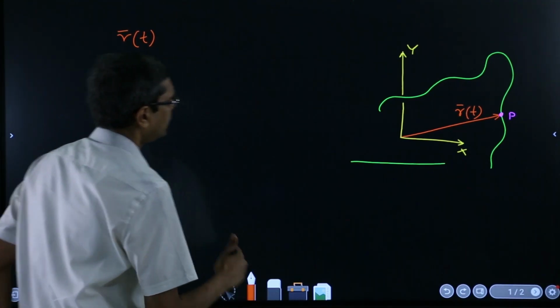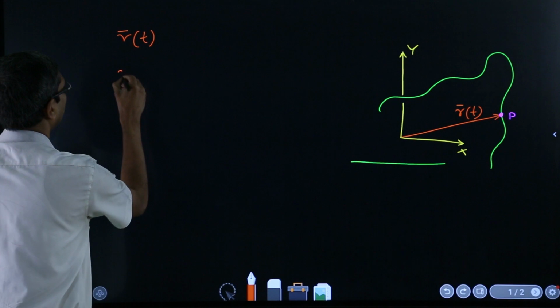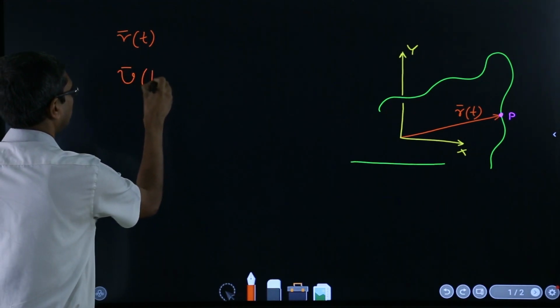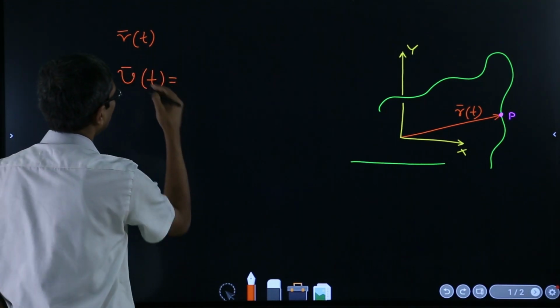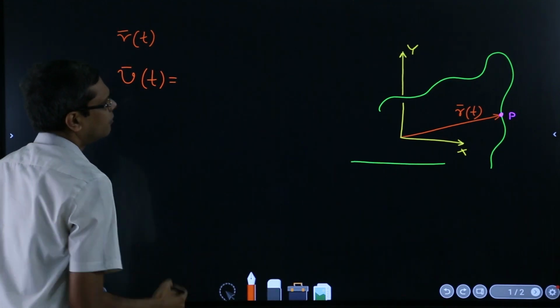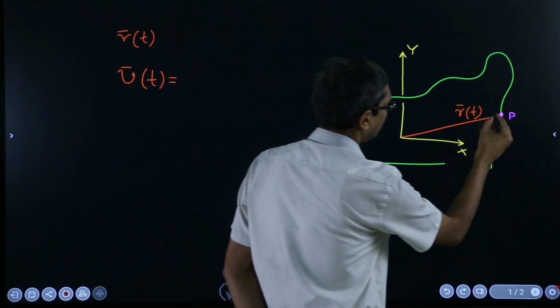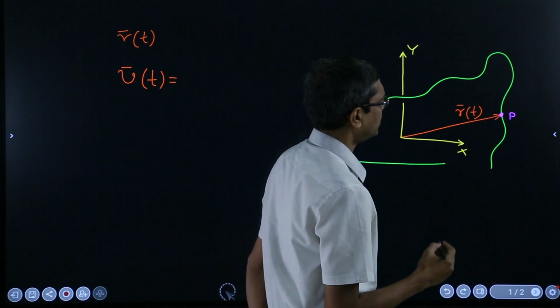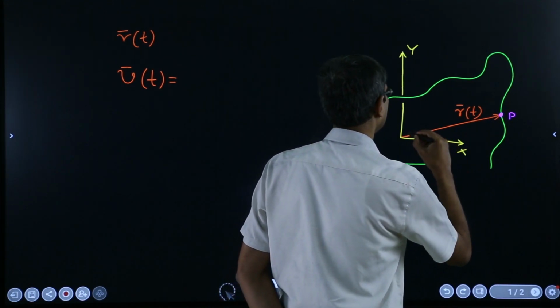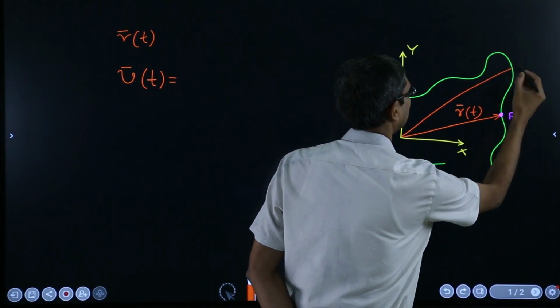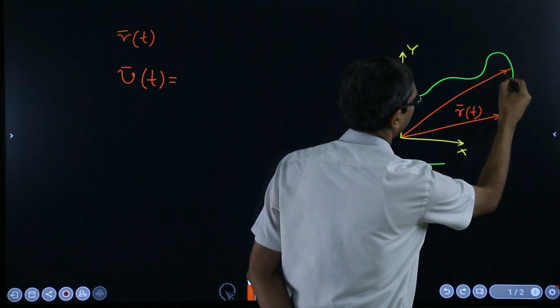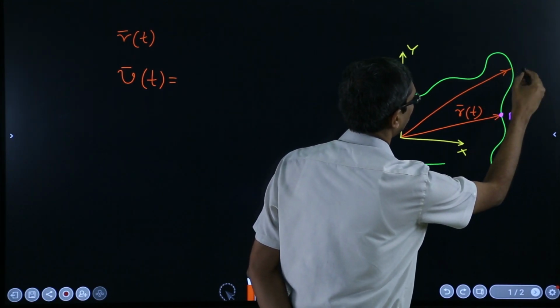And then we define velocity as a function of time to be the change. For example, here say at instant t the particle is here, and at instant t plus delta t, or t dash maybe, the particle is here.